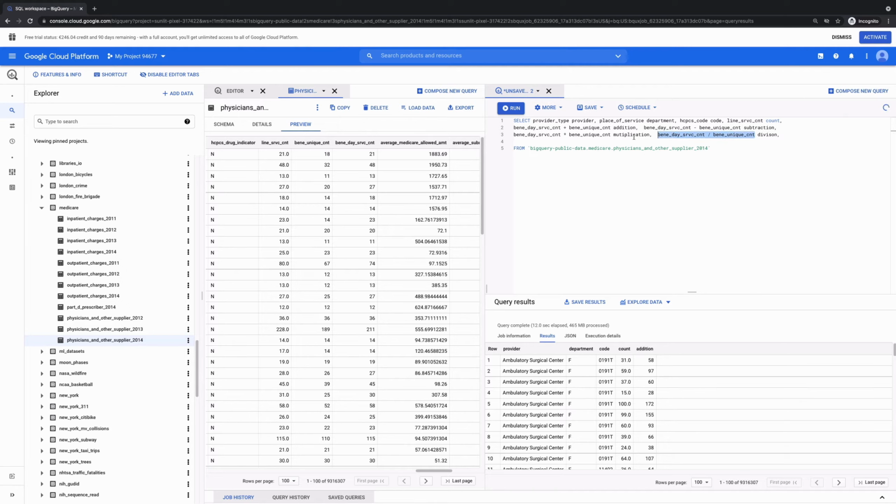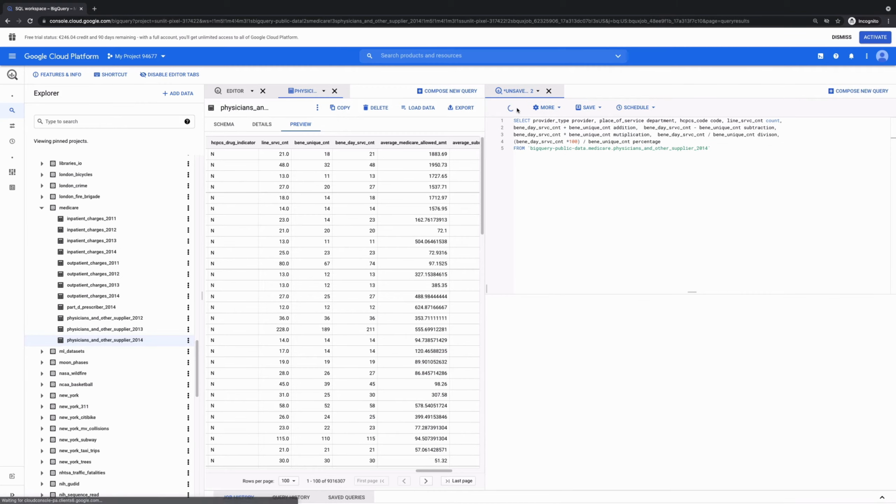Assuming we would like to find the percentage of the service count from the unique count, then we could say times 100 with the numerator, and then divided by the denominator. We could call this percentage, for instance. And when we run the query, we get new extra columns based on the mathematical principles we have applied.